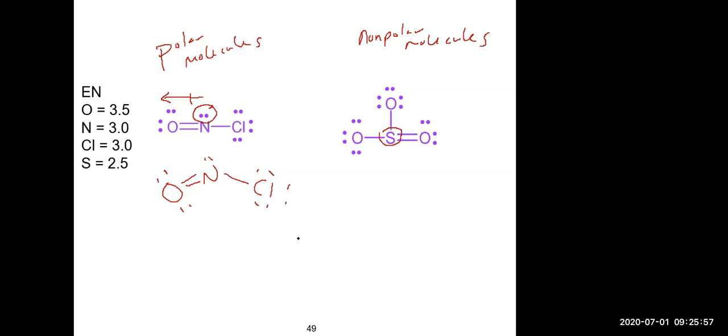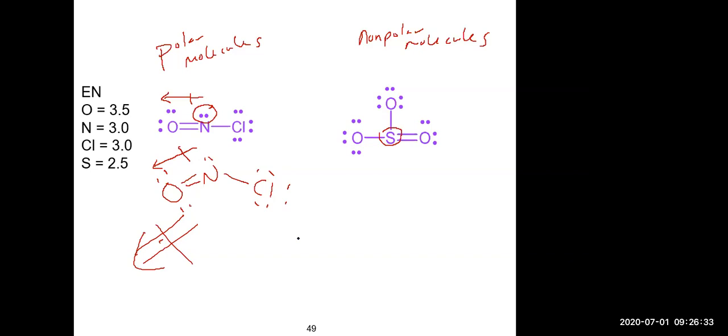And in this particular case, I only have a bond heading in that direction, which means we would expect this to be polar, because you can imagine everything pulling down in this direction, right? Everything's just going to pull down from the oxygen side. If you think about just pulling from the oxygen side, you can visualize the whole thing moving, and it should be a polar molecule in this particular case.